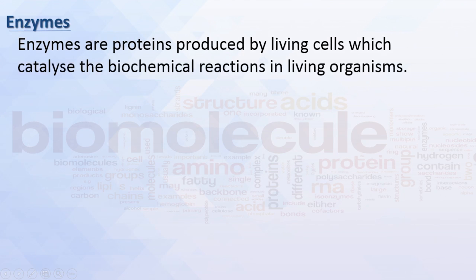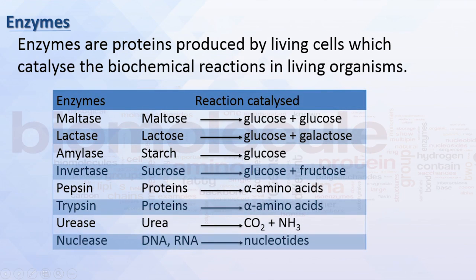Enzymes. Enzymes are proteins produced by living cells which catalyze the biochemical reactions in living organisms. We can look into a few enzymes and their reaction catalysis. Maltase acts upon maltose to give glucose.